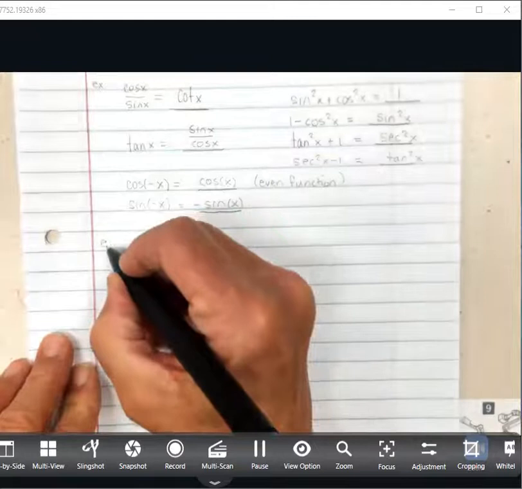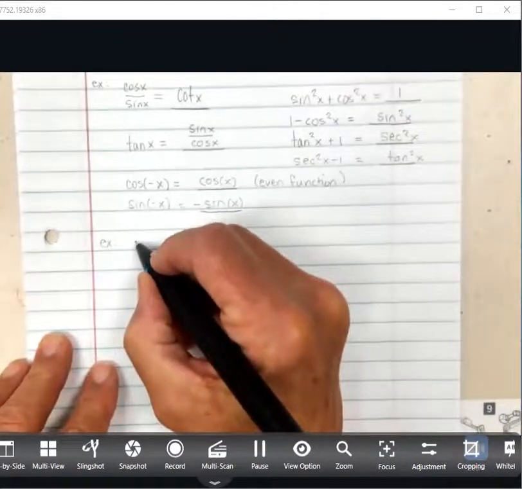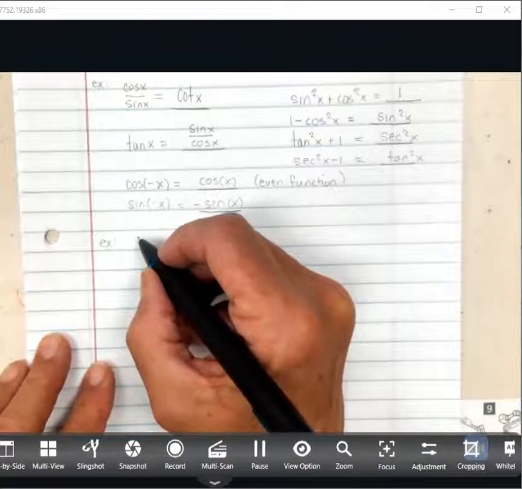Okay, so here in this example, I want you to write this expression.